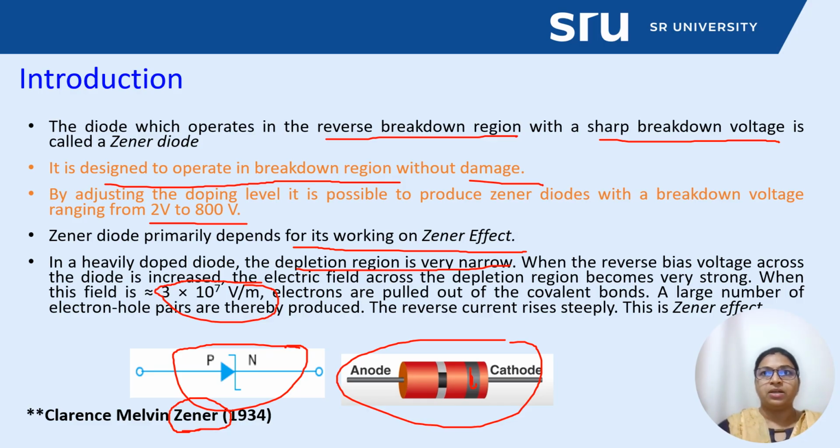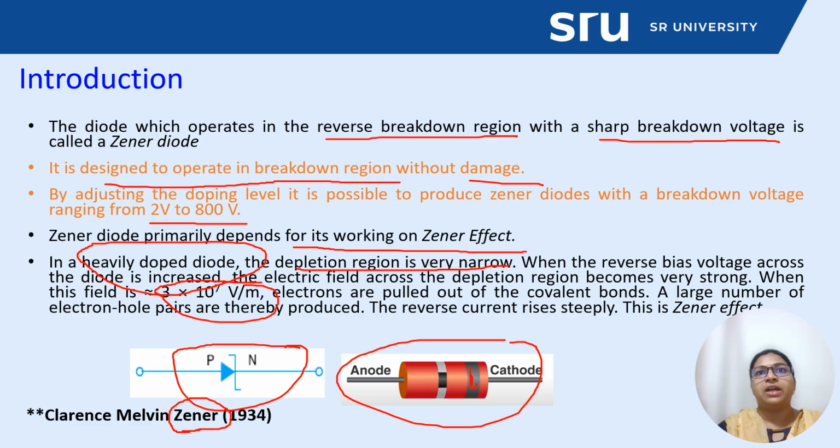So remember to note the point that Zener diode is a special diode enabling current flow not only from positive terminal to negative terminal, that means the forward direction, but also in the opposite direction. The doping of the Zener diode is more than the conventional diode. So it is a heavily doped diode.